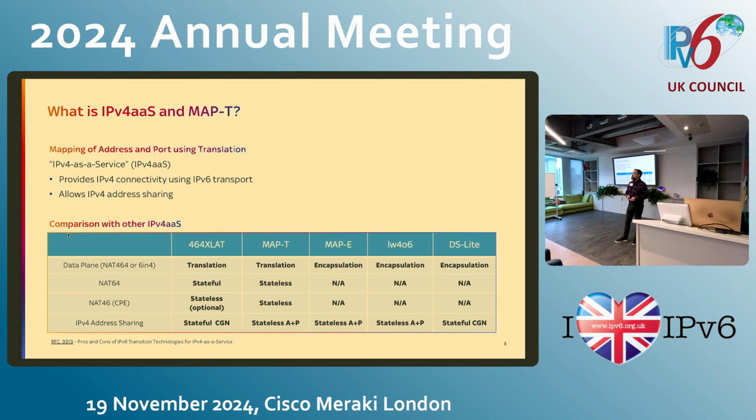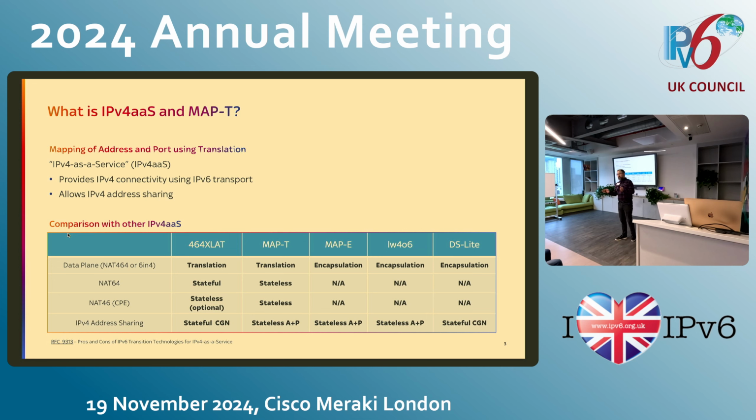is. It's one of 5 IPv4 as a service technologies, and this is generally just a term for delivering v4 using v6 infrastructure, and they all have the capability of delivering IPv4 address sharing.